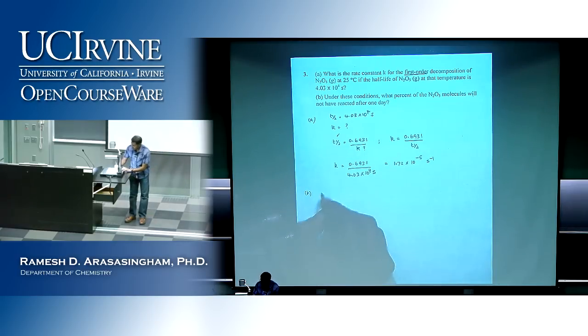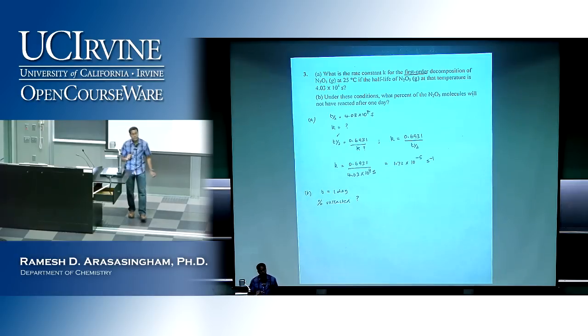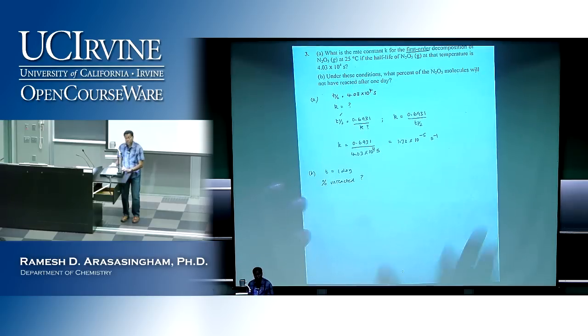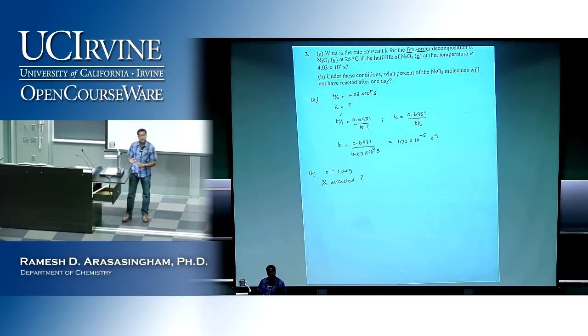So what they're asking is, when t is 1 day, they want to know what is the percent unreacted. So we want to figure out percent unreacted. Okay? So if we want to calculate the percent unreacted, now we have to make use of our integrated rate law.